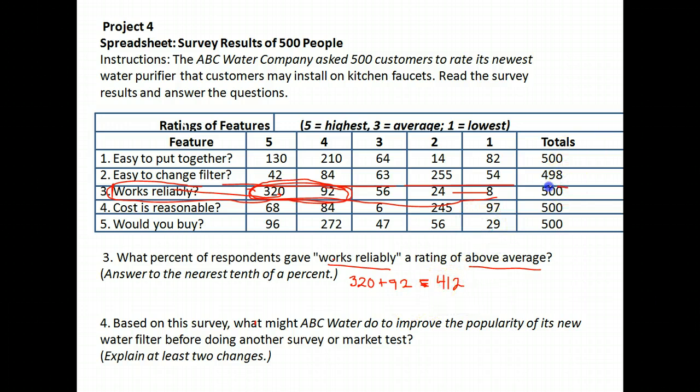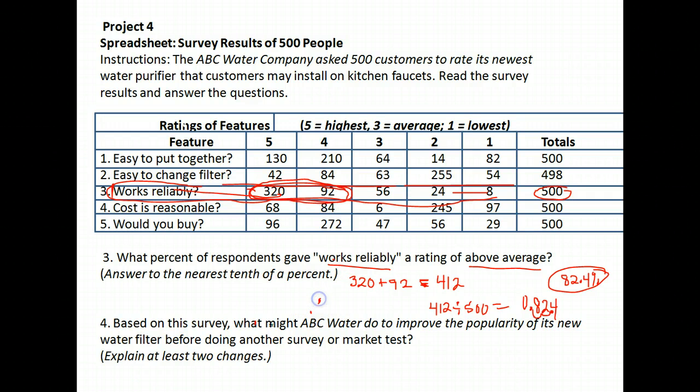Well, there were a total of 500 responses on that question. So we begin by dividing 412 by 500. That gives us 0.824. We want to write that as a percent, so we move the decimal 2 places to the right. That gives me 82.4%.